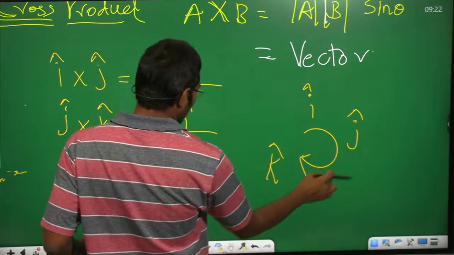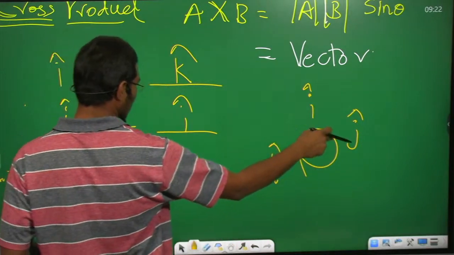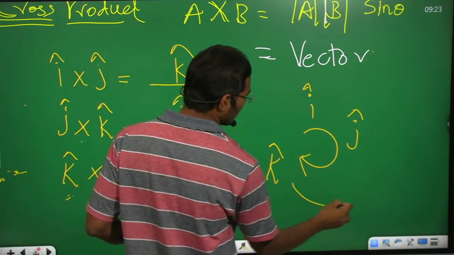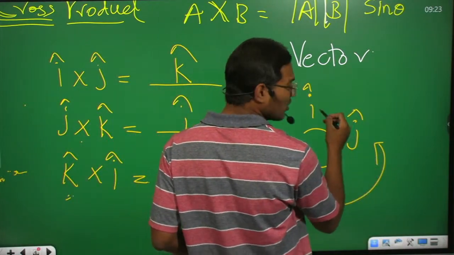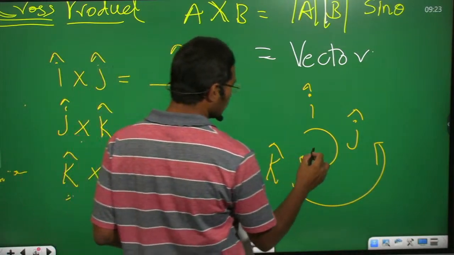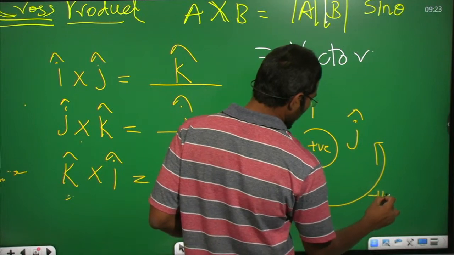I cross J is K, J cross K is I, K cross I is J. If you go in the reverse manner, you get negative of I. So the positive is for counterclockwise and negative is for clockwise.